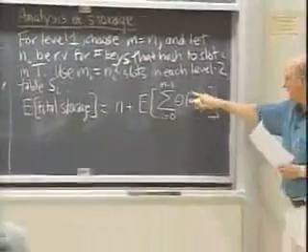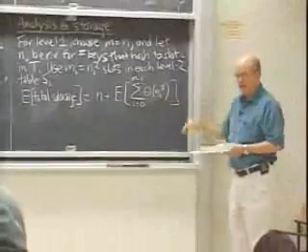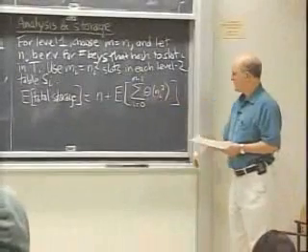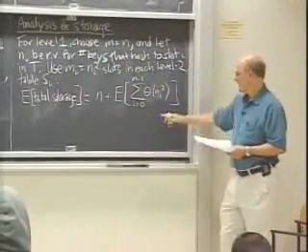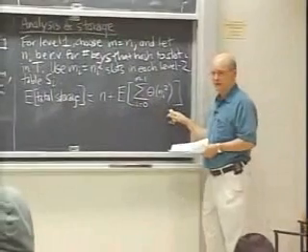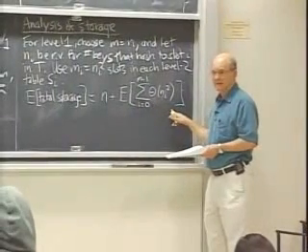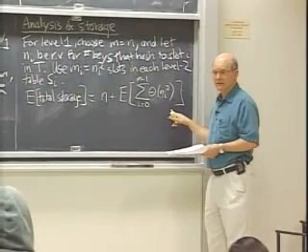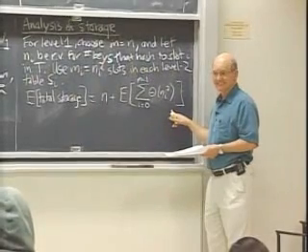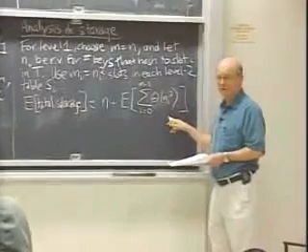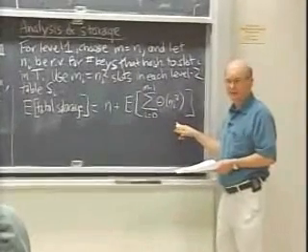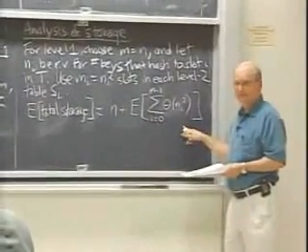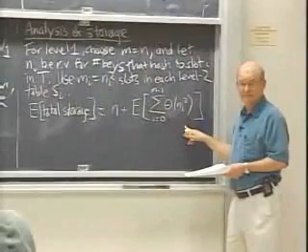Because I basically have to add up the square of what's in each slot. Who recognizes this summation? Where have we seen that before? Who attends recitation? Where have we seen this before?